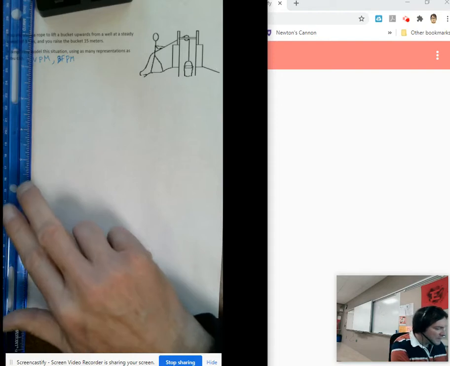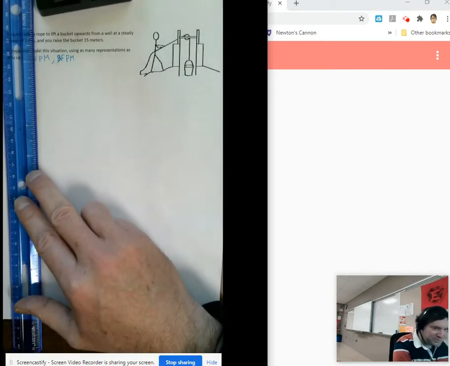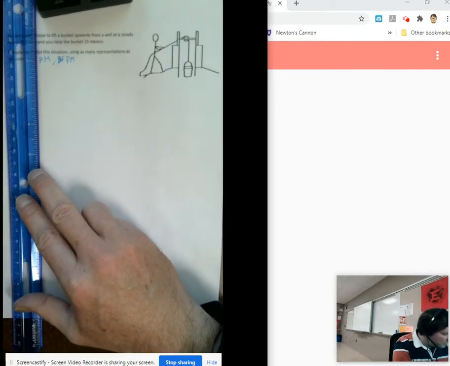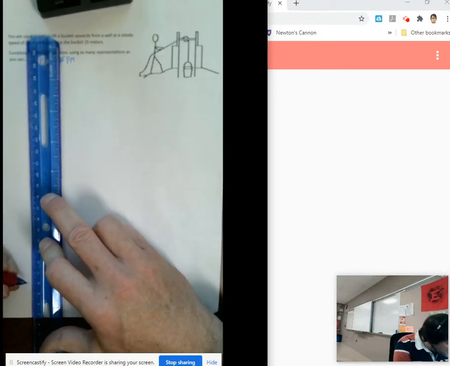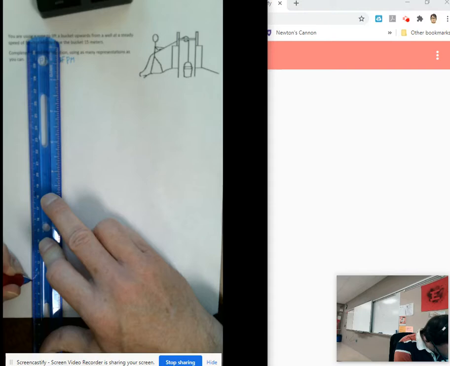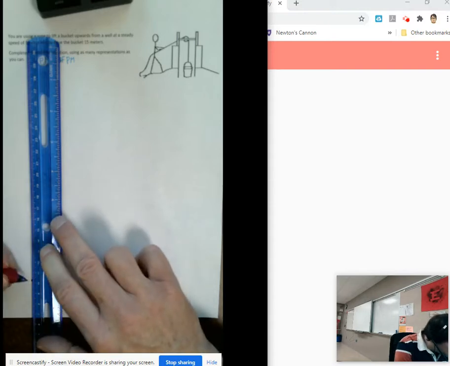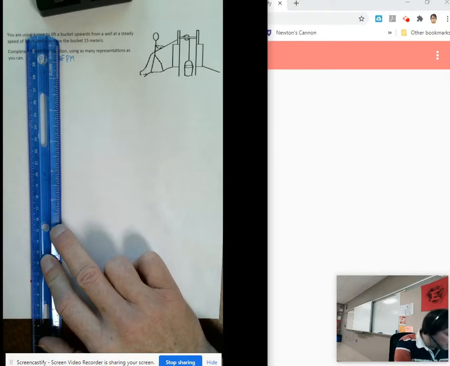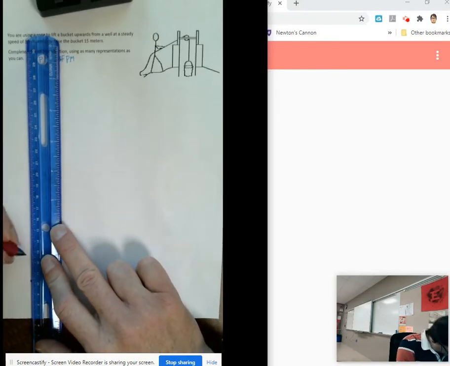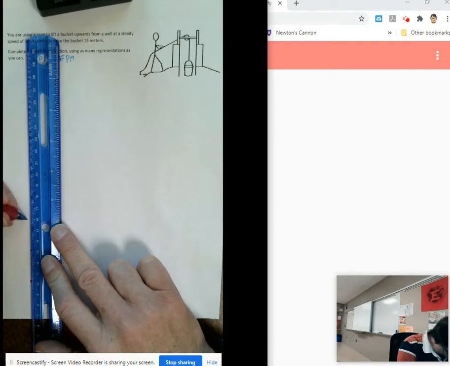So I'm just going to set down a ruler here and I'll mark off every second. So let's say it starts here at 0 seconds. Then I'm just going to make 1 centimeter represent 1 meter. So after 1 second, it's gone 3 meters.